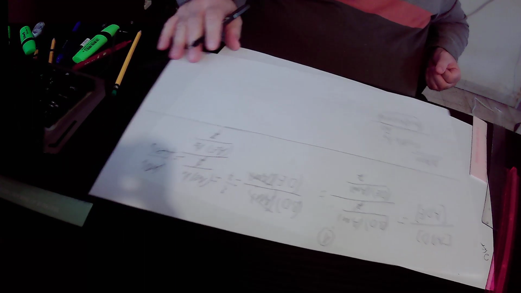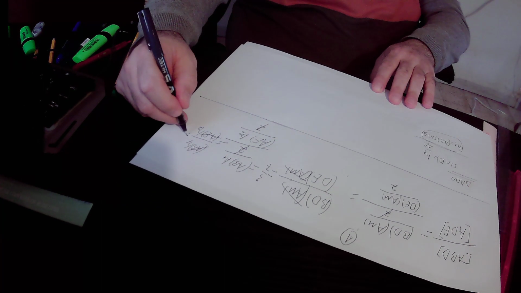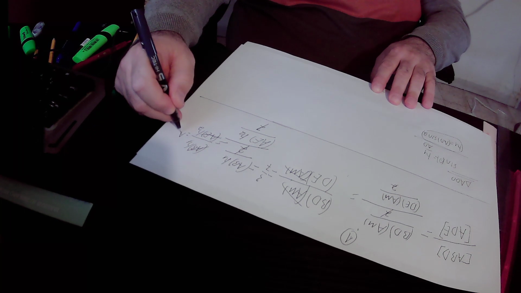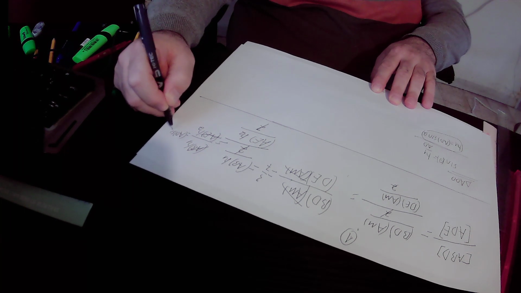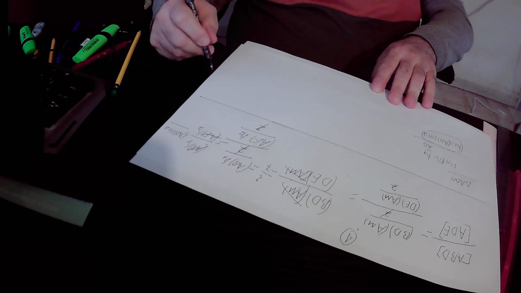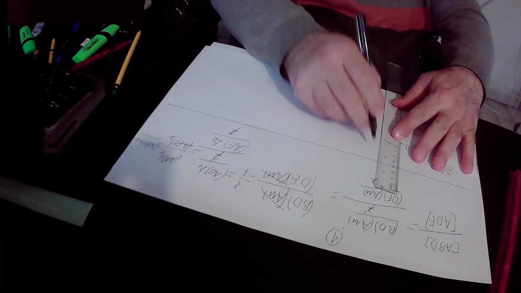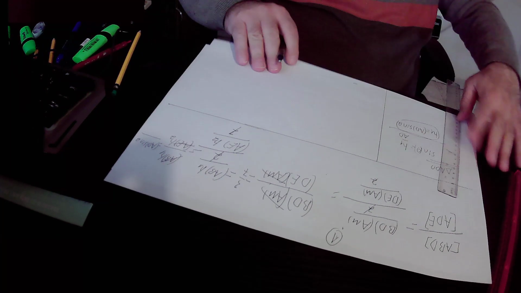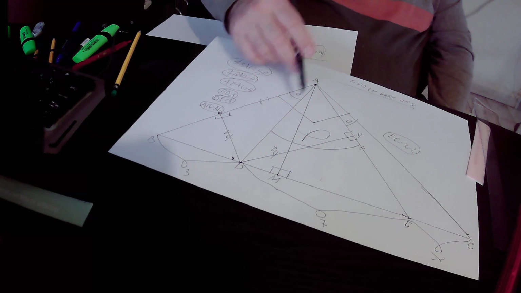So here we can write down that H1 is equal to AD times sine theta over H2. We'll calculate the value of H2. We'll focus on the right triangle ADK.